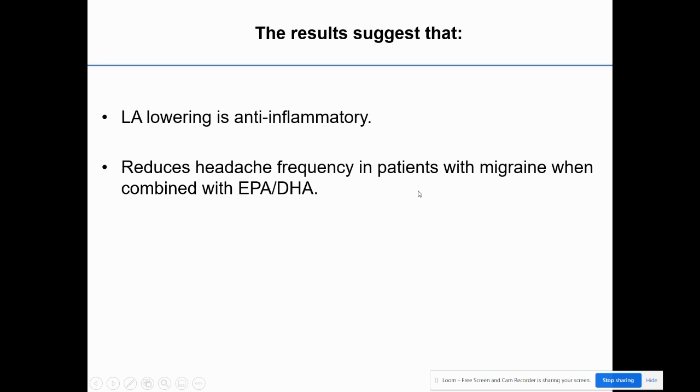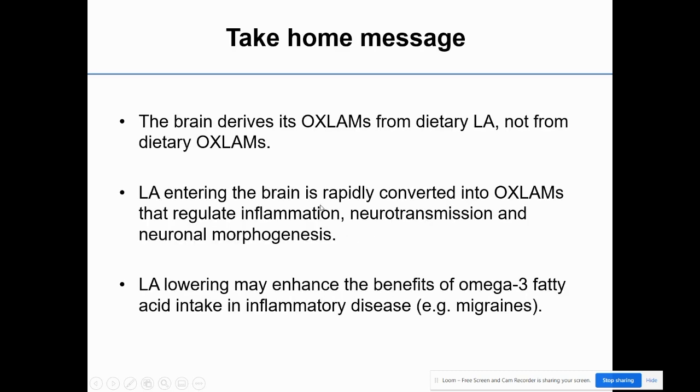So these findings tell us that LA lowering is anti-inflammatory because it reduces headache frequency in patients with migraine, especially when combined with EPA and DHA.